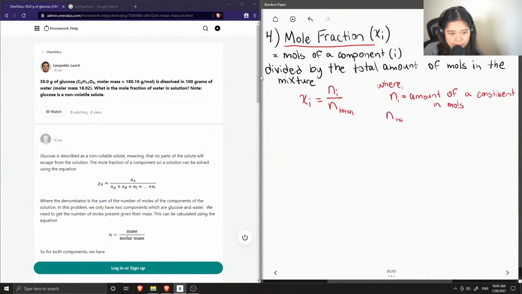And as you can guess, n total is the total amount of moles.